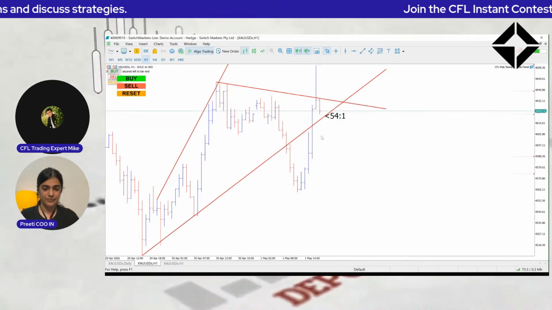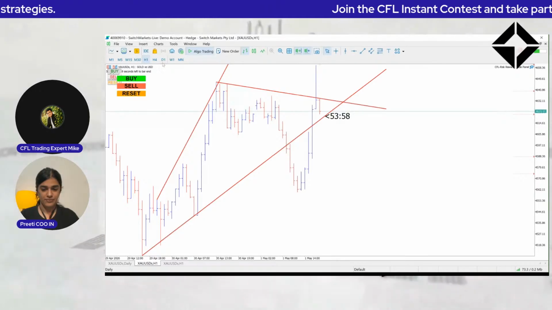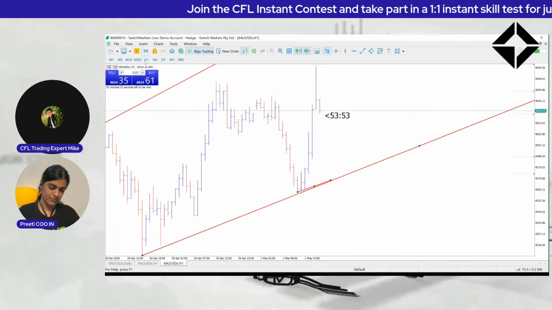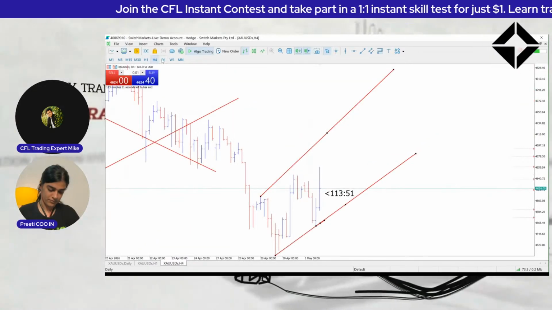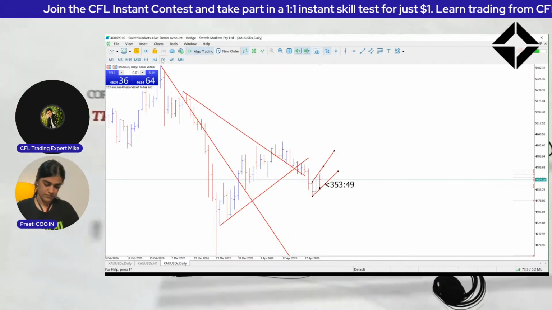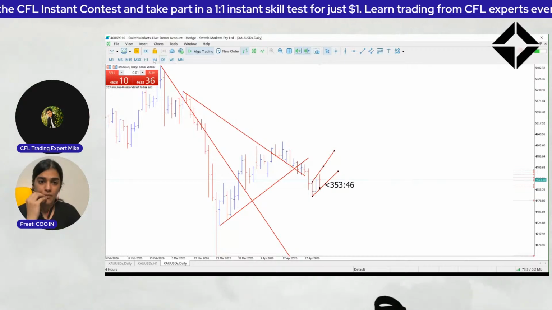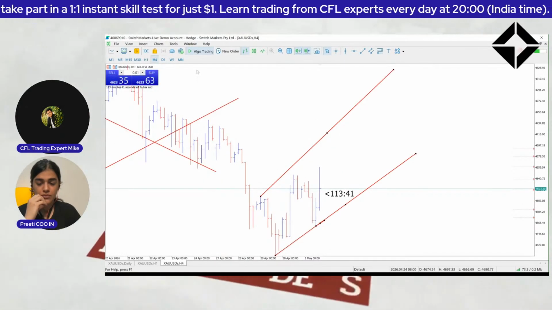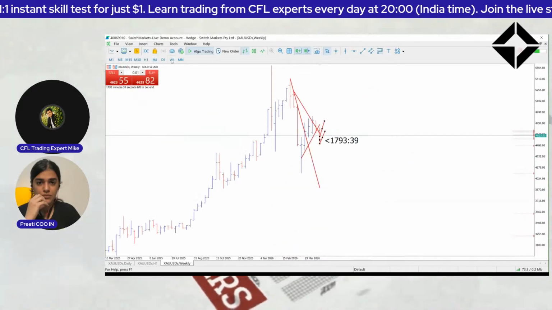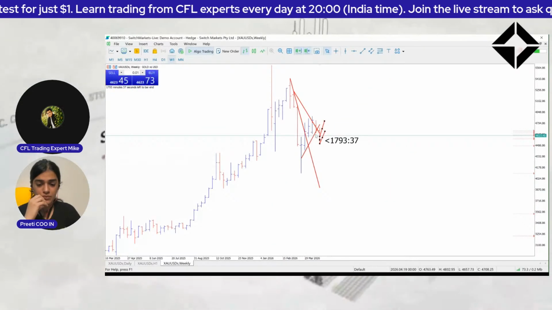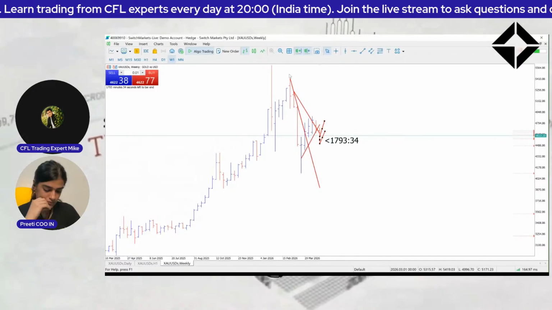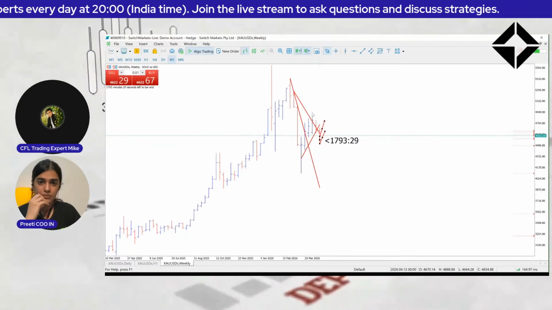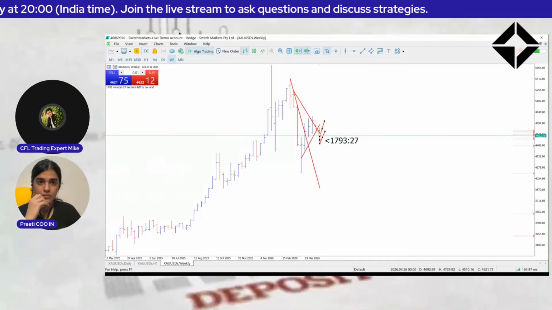If you trade accordingly, I do believe, you see here, there is a very big possibility still of market going one time more up until the structure is stable. Because this is a lower high, this is a lower low, then again a lower high, this becomes a higher low if it breaks up.